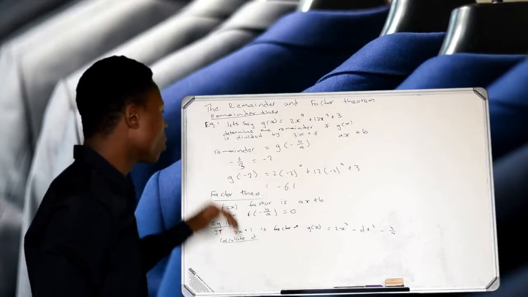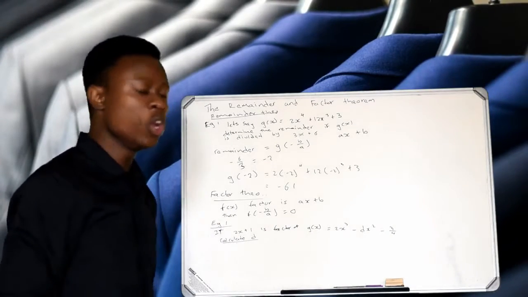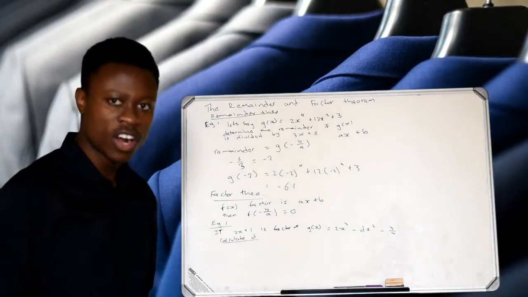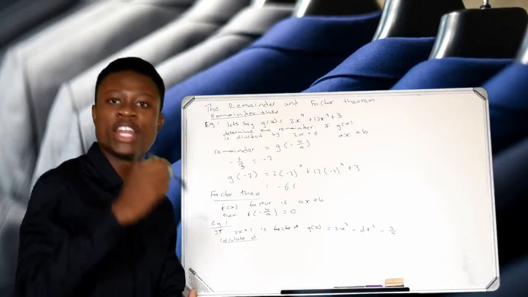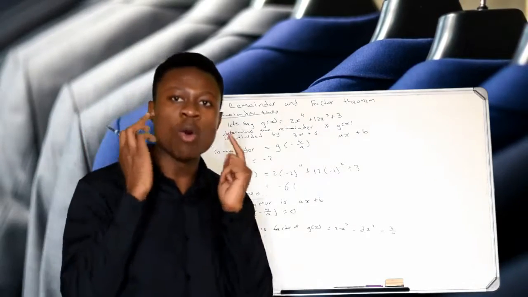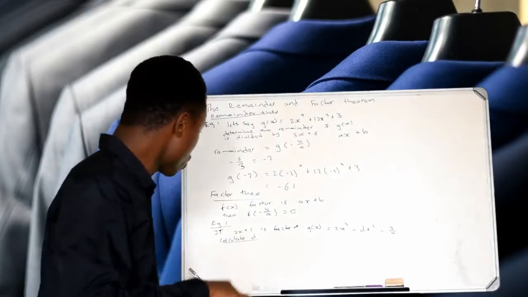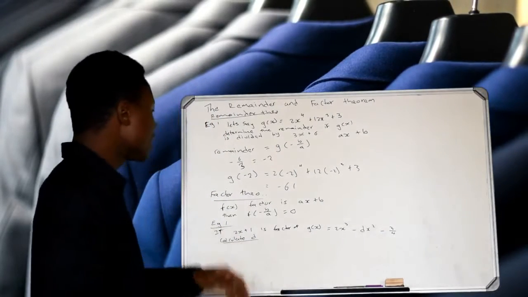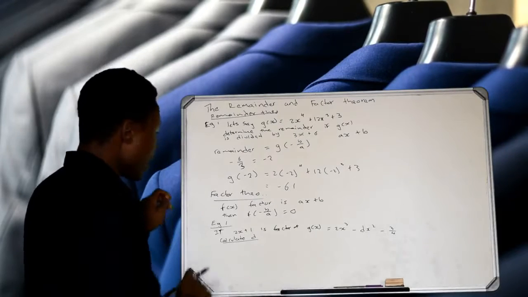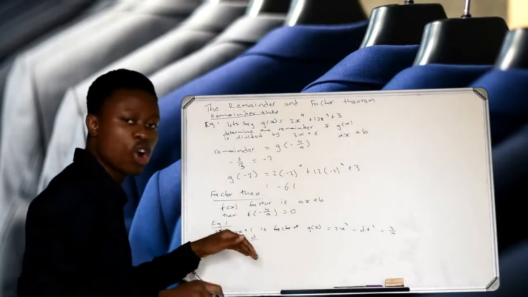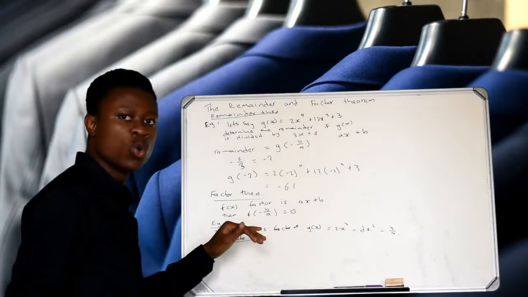Since we know that we're working under the factor theorem, we know that at some point we're going to need this to be equated to 0. But in your exam, you might not know that, so you have to be aware of this so that you know when to use the factor theorem rules. Since they say it's a factor, I find out what negative b over a is, or otherwise solve 2x plus 1 equals 0 for x.